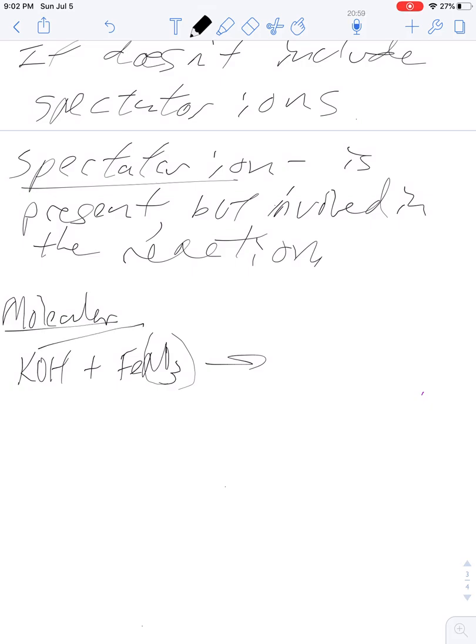You'd say to yourself, oh, the potassium is going to displace the iron, and the iron is going to displace the potassium. I'm going to have a double displacement reaction, and my potassium is now going to be bonded to the nitrate. Rewrite my charges. The iron is going to be bonded to the OH group. Crisscross, that's what I get.